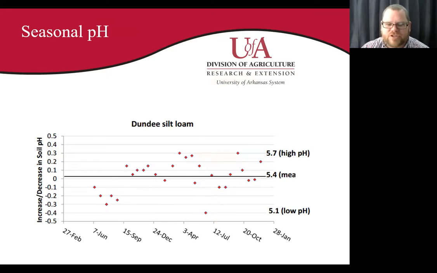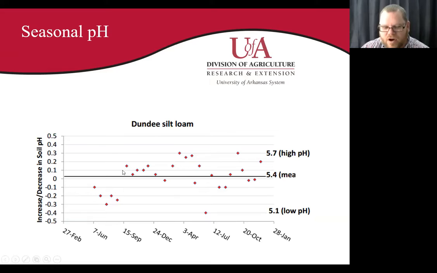This is just kind of a chart to show you that at certain times of the year, your pH is probably going to change a little. So we start out in this graph at February the 27th, and we go all the way to January the 28th, and we see that during the winter to early spring, it's a little bit lower than normal.